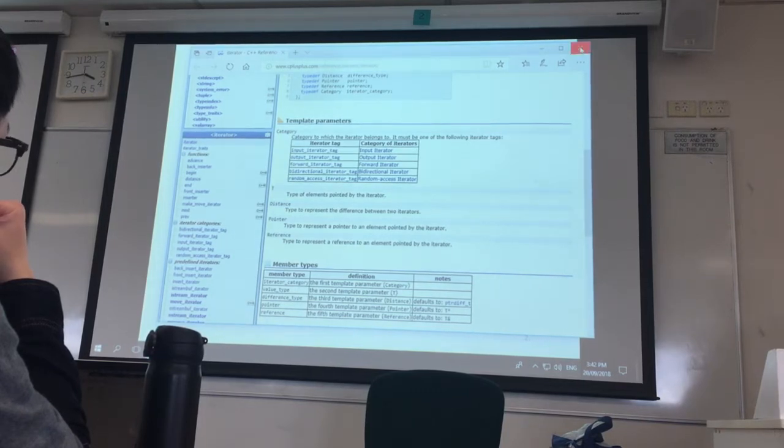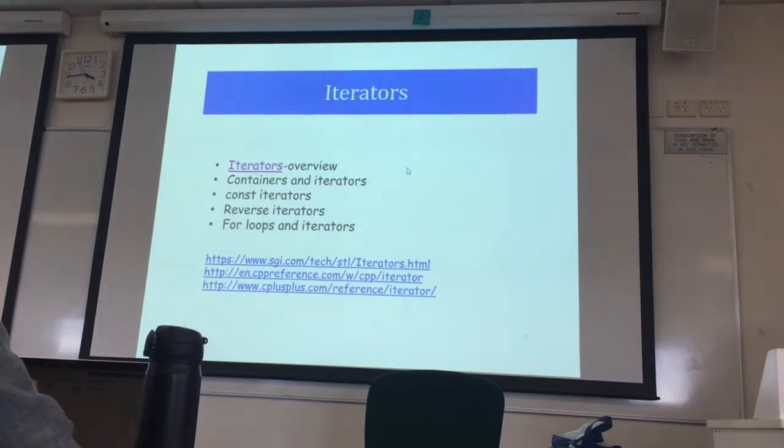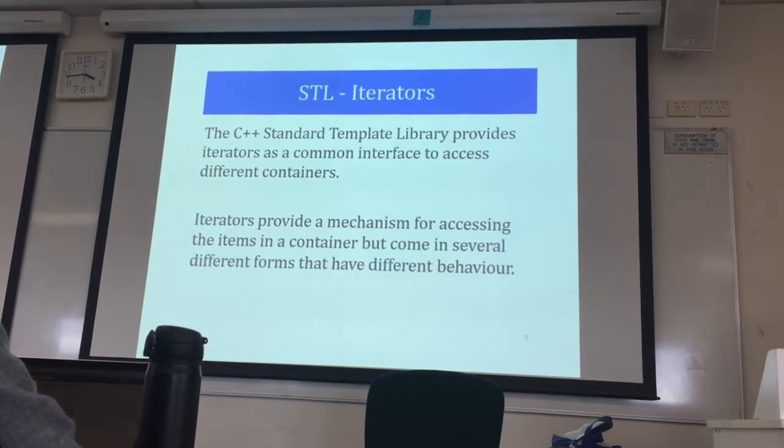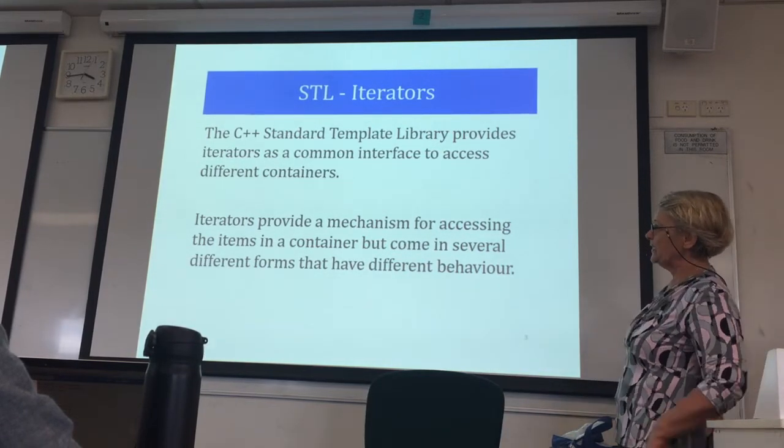And this allows algorithms to work on various containers, as long as the container provides an iterator which promises to come with operators as in these groups. We will see in a second what this means. So, a common interface to access different containers.